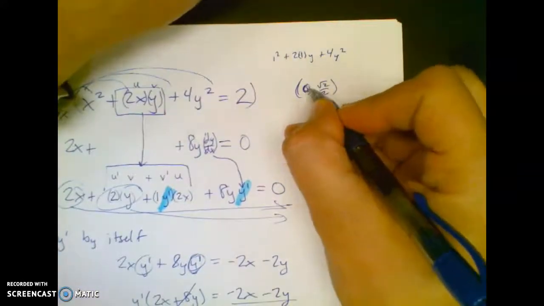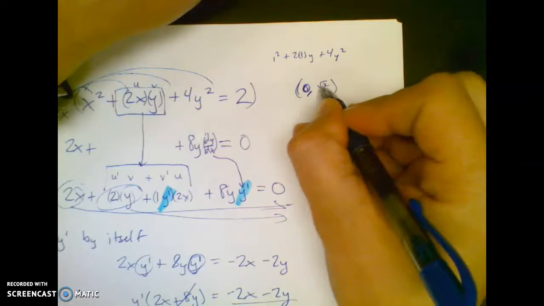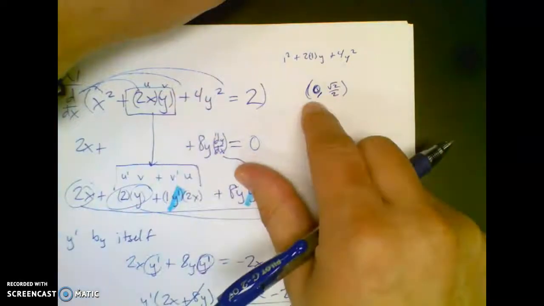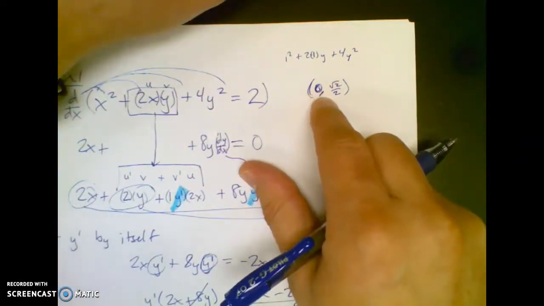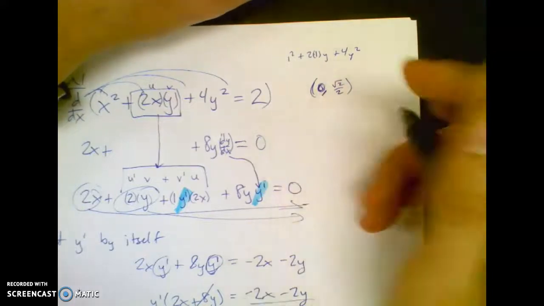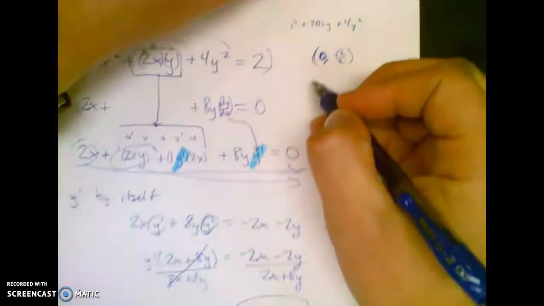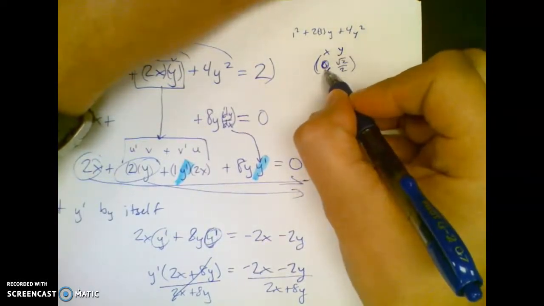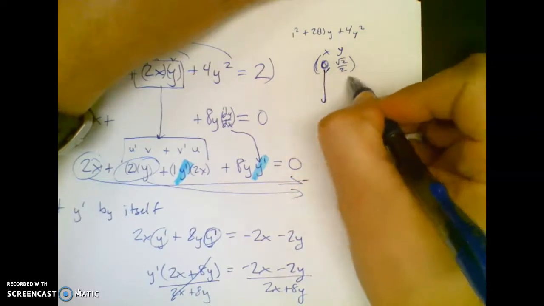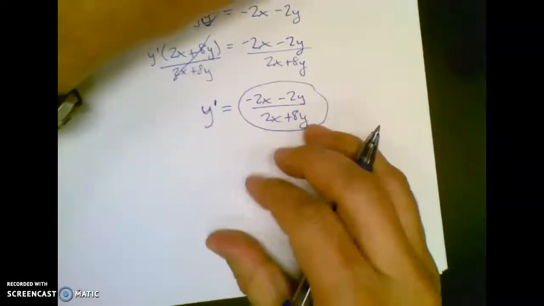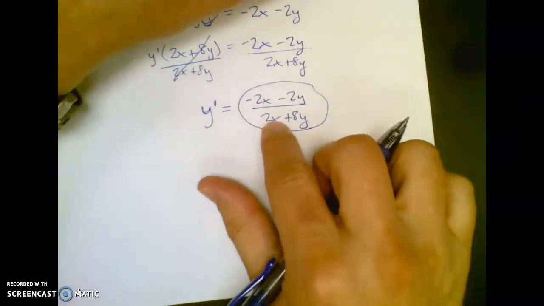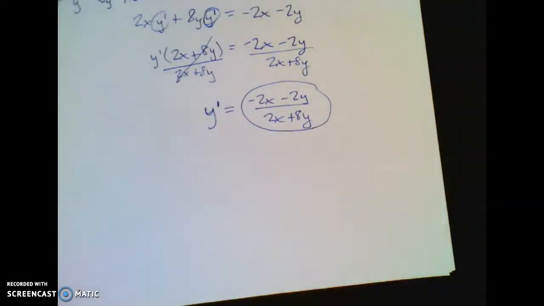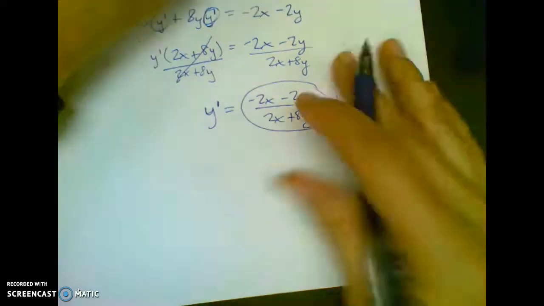Well, if I told you that the point 0, comma, radical 2 over 2 was on this line, and it is, I checked, you could plug in the x part for x and y part for y. If I want to find the slope at this point, anything I see at x, I'll plug a 0 in for, and anything I see at y, I'll plug in a radical 2 over 2. So you could plug those in and calculate the slope at that point. So that's kind of cool.